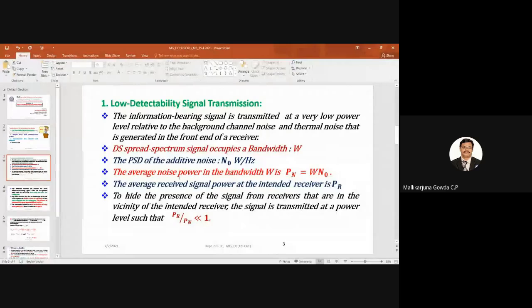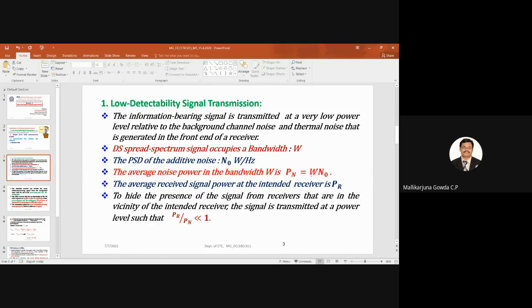Then the average noise power in the bandwidth W is denoted as P suffix N, which is equal to W into N naught. W is the bandwidth of the spread spectrum signal, and N naught is the power spectral density of the additive white noise.